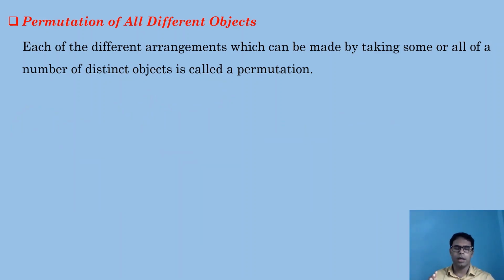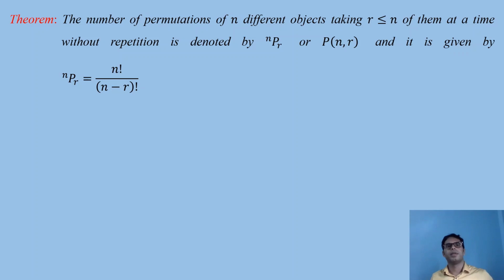Now we will write one very important theorem. The number of permutations of n different objects, taking r of them at a time. For example, from 20 objects you are taking 15 at a time, or all at a time.